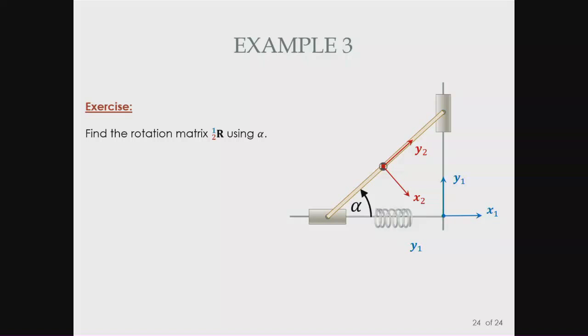So it's almost a positive rotation about z. The only thing is it has an offset of minus 90 degrees, because when alpha is 0, it's like I have an initial minus 90 degrees rotation about z. So I can simply plug alpha minus 90 into the positive rotation about z rotation matrix.